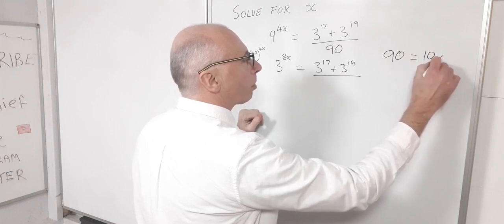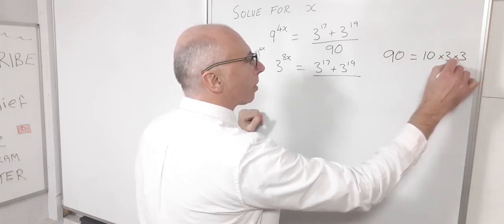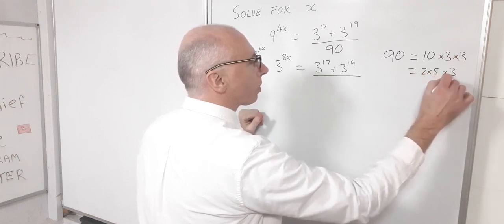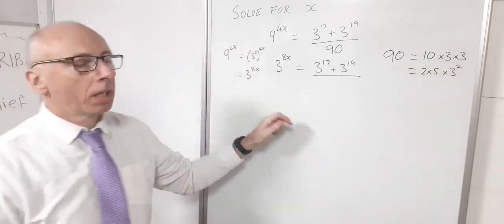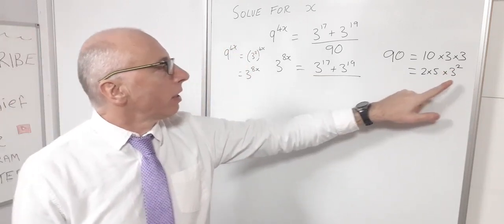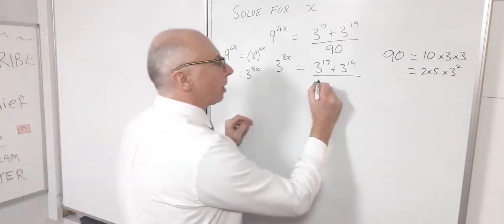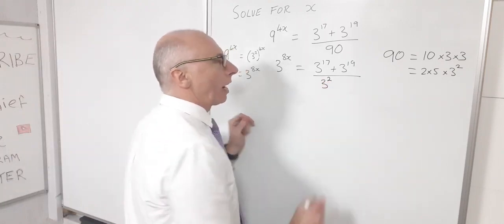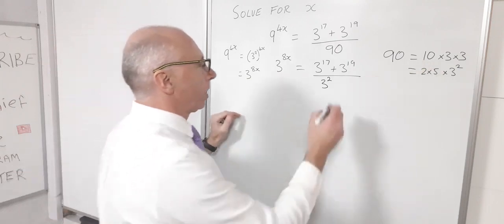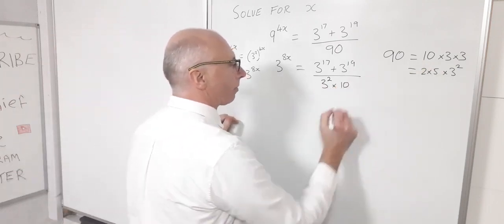And if I multiply that by 3 and multiply that by 3, that will give me 2 times 5 times 3 squared. So 3 squared, that's good, that's where we want to be. I'm going to write that in my denominator, and 2 times 5, I'm just going to write as 10. So 3 squared times 10.